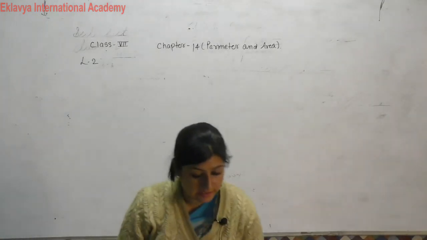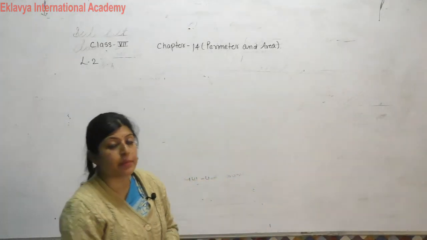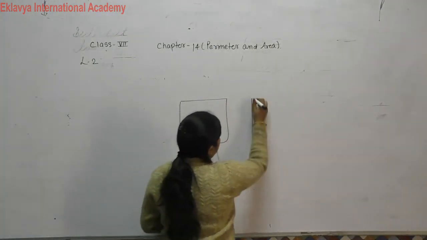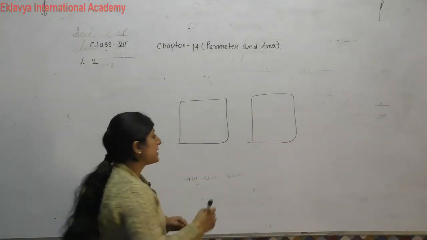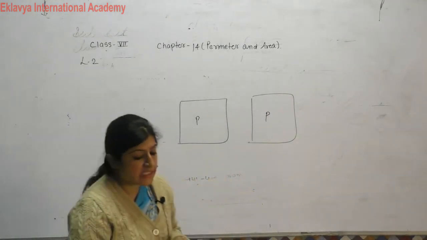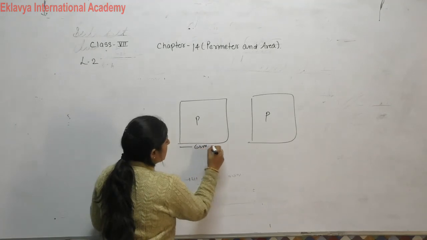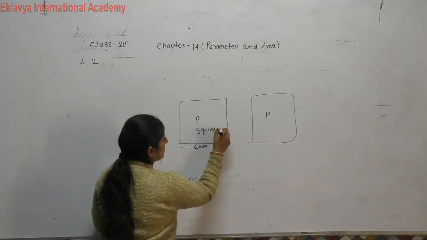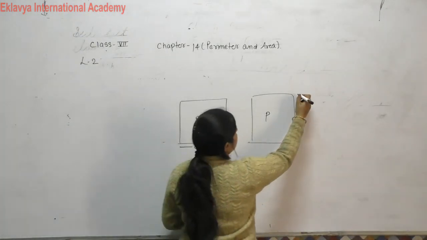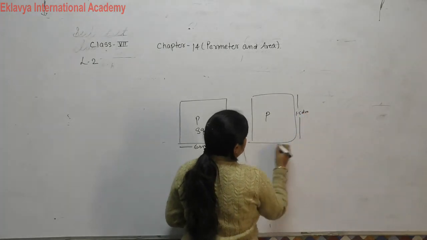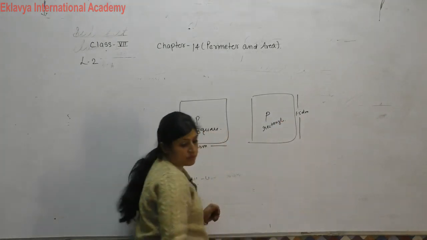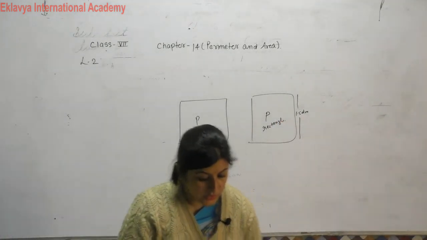Yes, see question 10. Two plots of land have same perimeter. टू प्लॉट्स ऑफ लैंड, लैंड के दो प्लॉट है, उनका पैरीमीटर सेम है, मीन्स पैरीमीटर P, here also P. One is the square of side 60 meter, ये 60 मीटर साइड का स्क्वायर है, while the other is a rectangle whose breadth is 1.5 decameter.